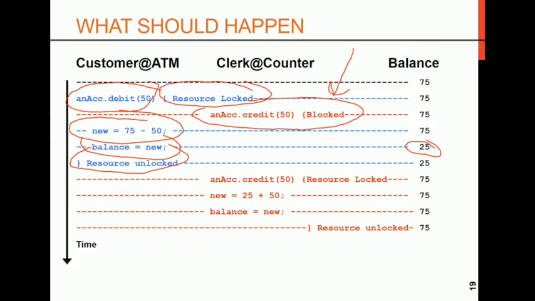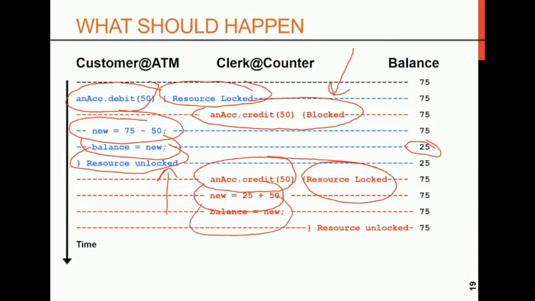Once they're unblocked, the clerk can credit the account. When the clerk accesses the account, it's locked as well, so nobody else can access it while this operation is being performed. The new balance is set and the overall state is set. So now we've got the correct amount of money within the bank account at the end. Once the clerk is completed, the resource is unlocked.